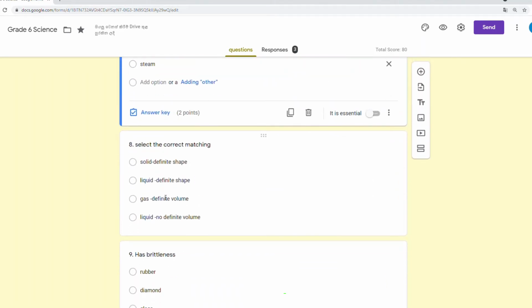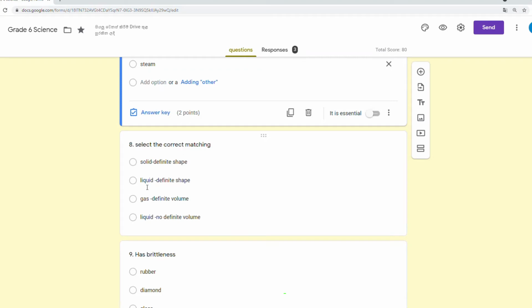Now number 8. Select the correct matching. To get the correct matching, you should know the features of each. Check one by one. When you get solid matter, they have a definite shape and a definite volume.